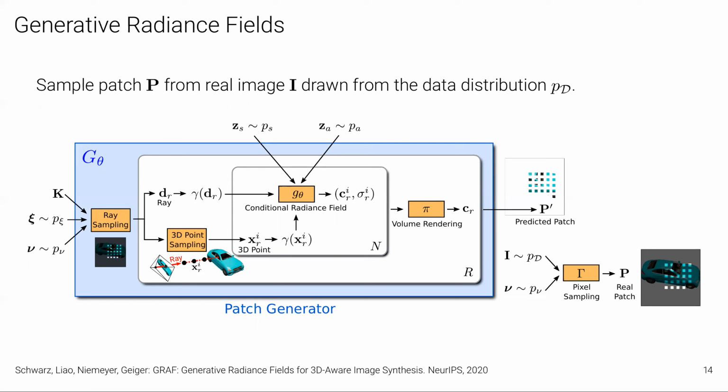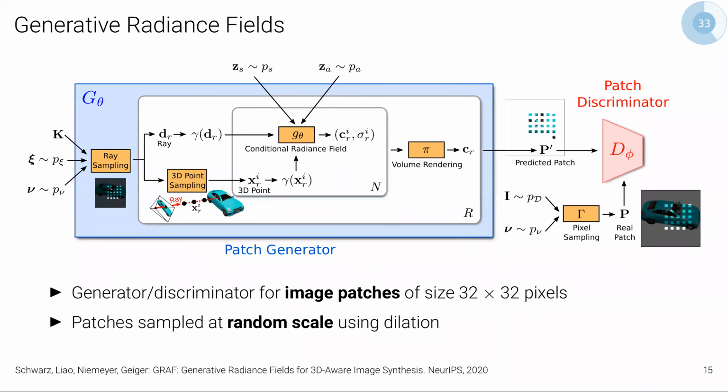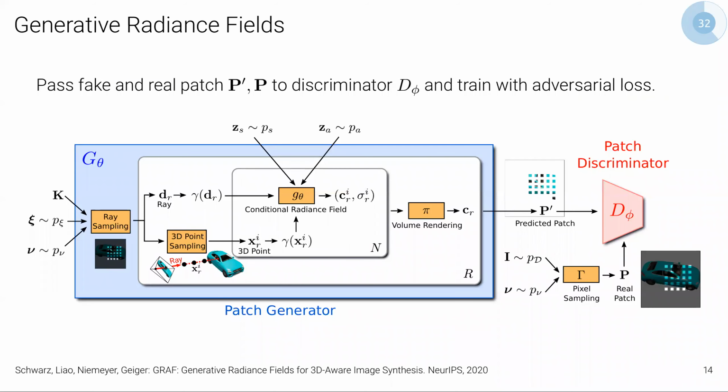And then we just pass these real and fake images to our patch discriminator, and we can train our full model with an adversarial loss. And so this is basically our method in a nutshell.